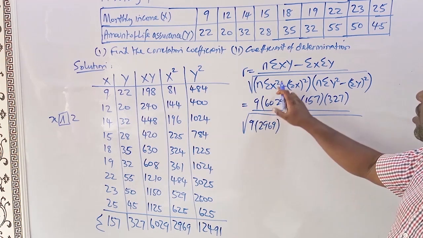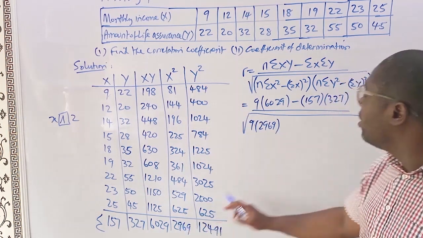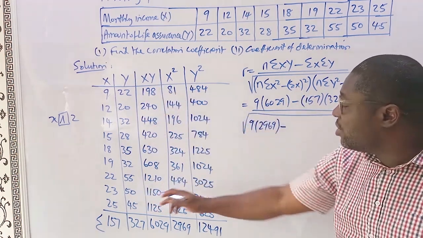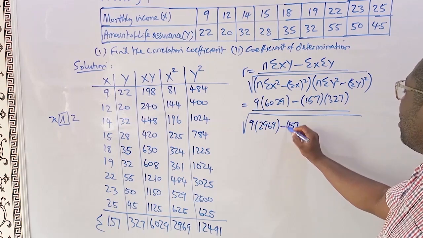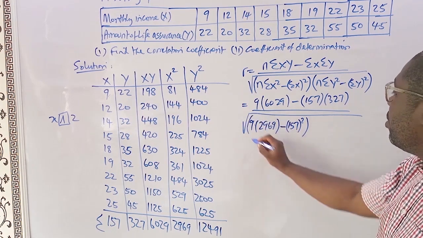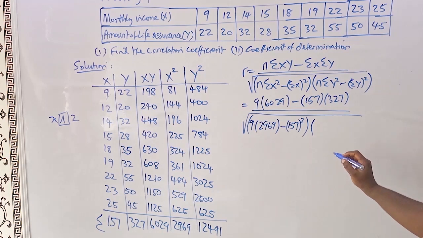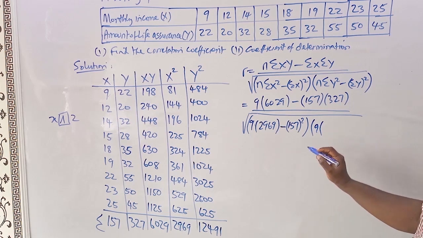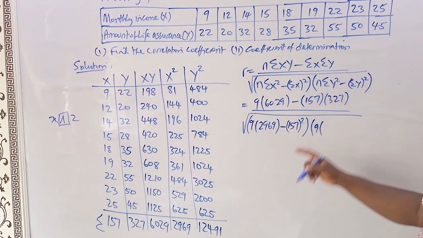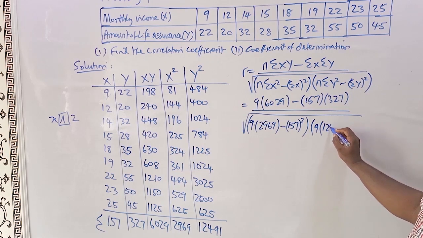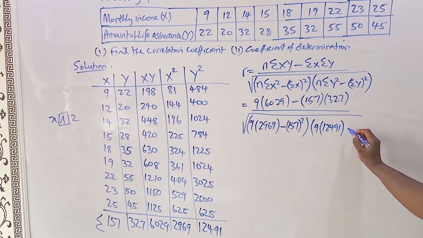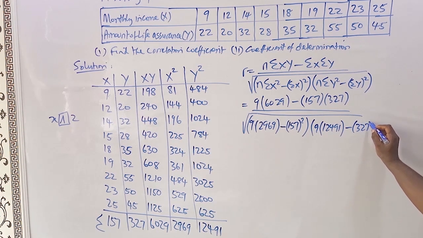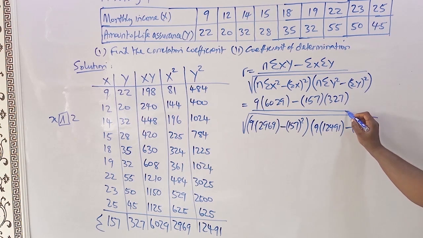So summation x squared, which is this one, minus summation x, which is 157, all squared. So this will be in one bracket. Multiply by 9 again times summation y squared, which is 12491, minus summation y, which is 327, all squared.